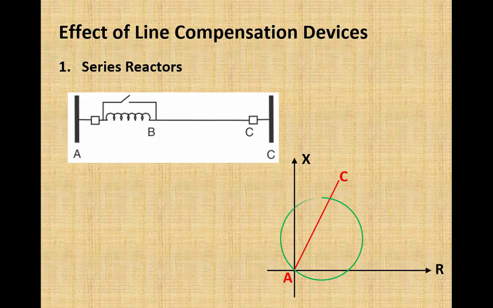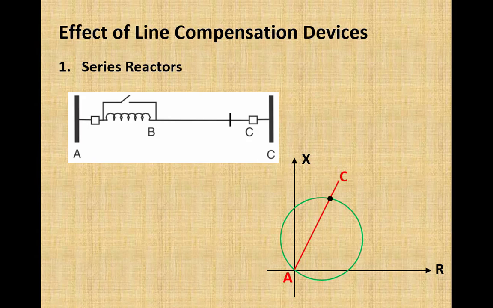This is the relay zone 1 characteristic. The relay is providing protection to a fraction of this line length A to C, up to this point that I have shown on line section A to C. And this point on the RX diagram will be the point of intersection of the line impedance and the relay characteristic.